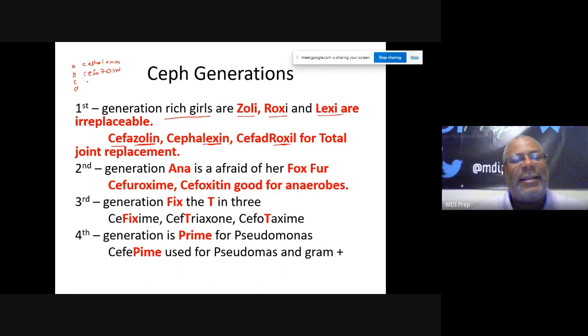C has, let's see, ampicillin. And then D has, let's see, rifampin. Okay? Now, you have no idea what the answer choice is. You have no idea what the question is, do you?